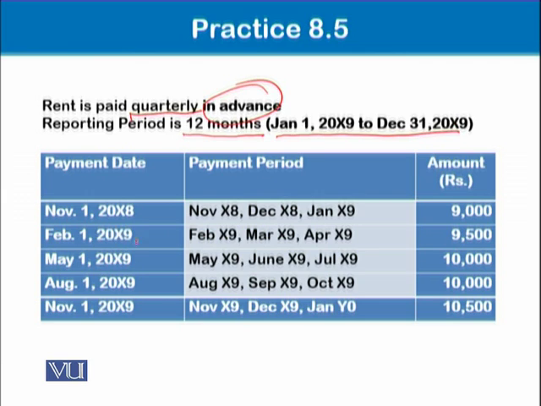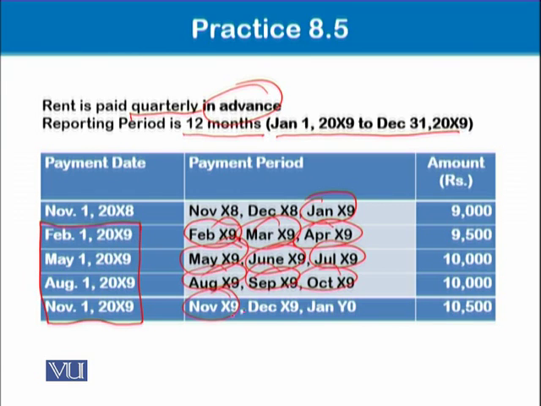What does it mean? These are the dates of payments which are falling in our year, and these are the months which are falling in our reporting period. Agreed? Whether we have paid for it during the period or not, we go by belongingness, which is what we have already learned.